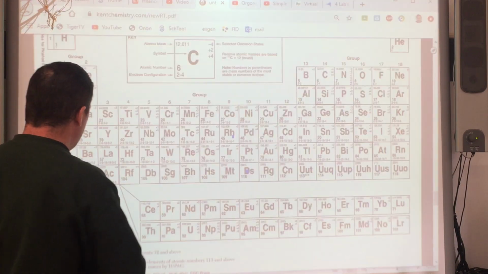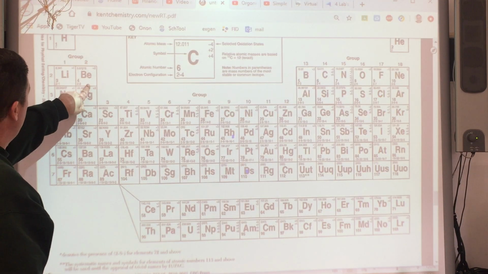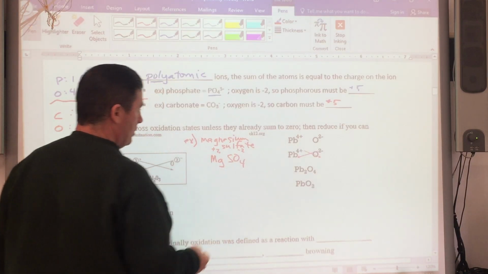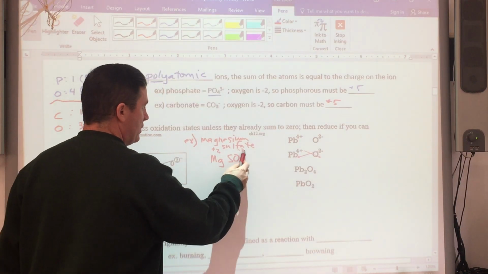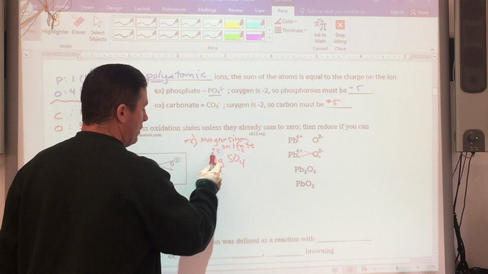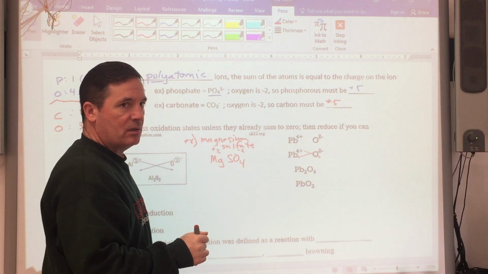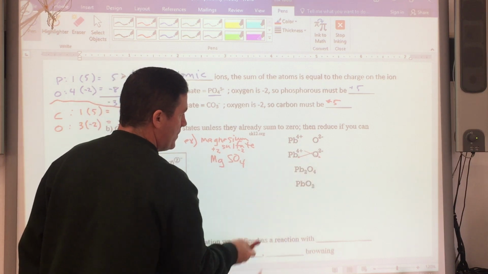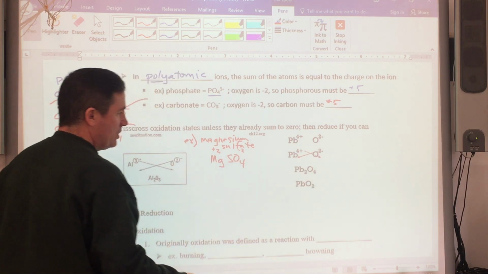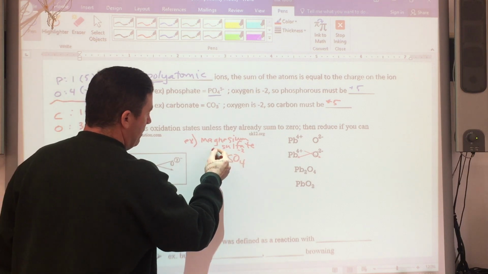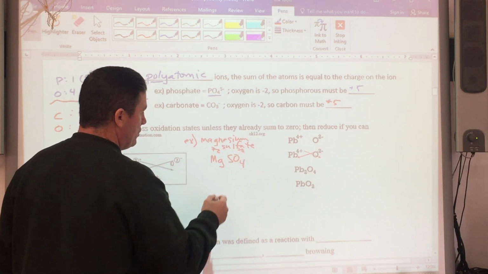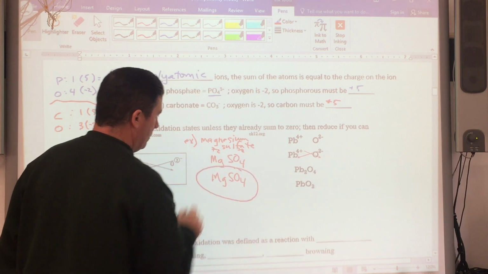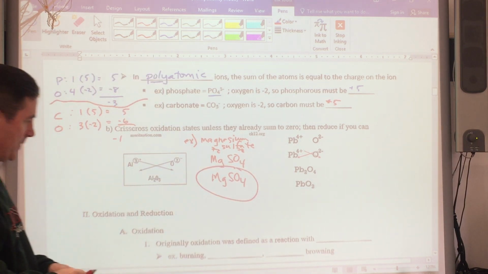Magnesium is in group 2, so it has a +2. So if these two oxidation numbers are the same, do you remember what happens? We could crisscross them, just like in this case here, but then they have to be reduced. But if they're the same, they cancel each other out. So this is magnesium sulfate. Okay? All right.